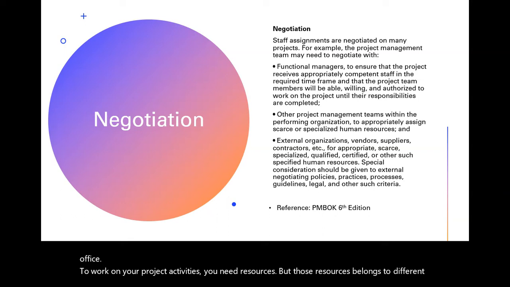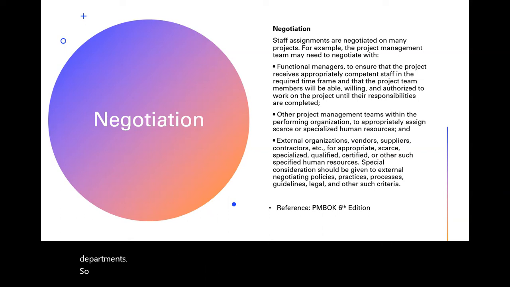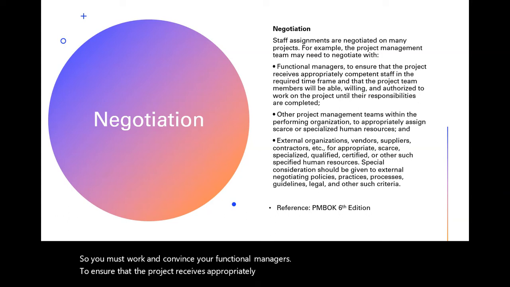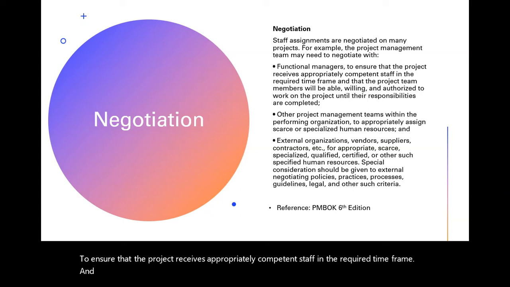So you must convince your functional managers to ensure that the project receives appropriately competent staff in the required time frame, and that the project team members will be able, willing, and authorized to work on the project until their responsibilities are completed.